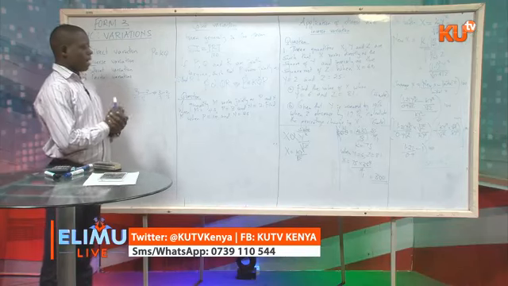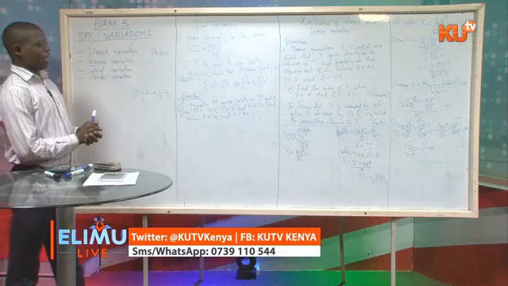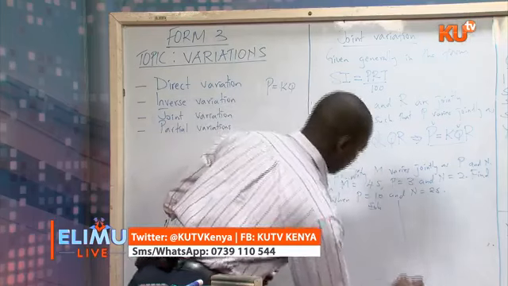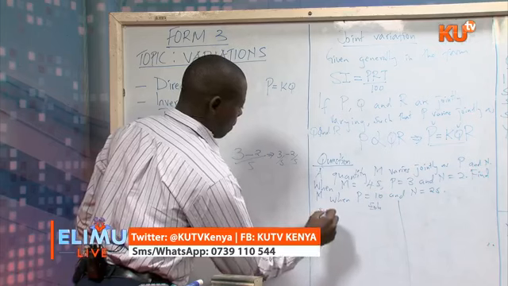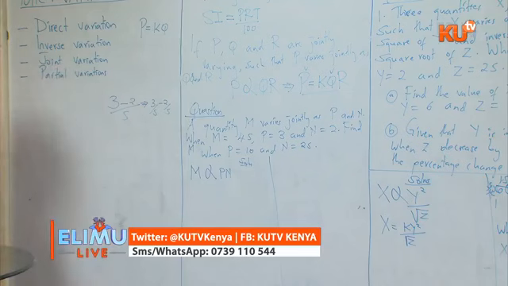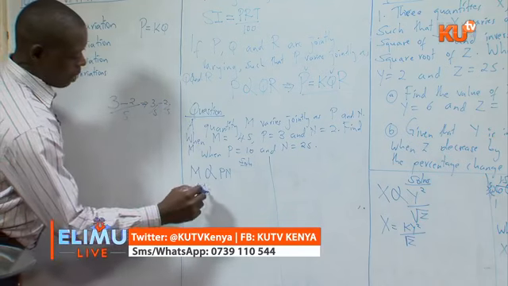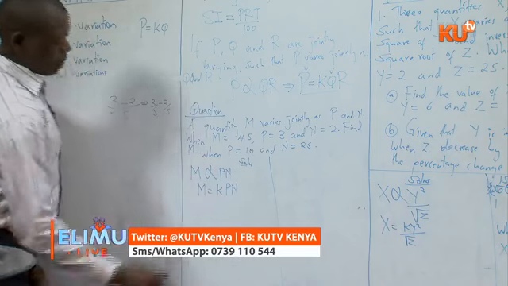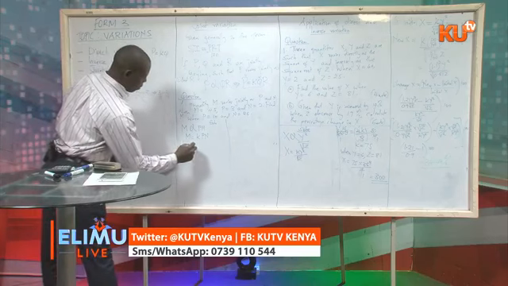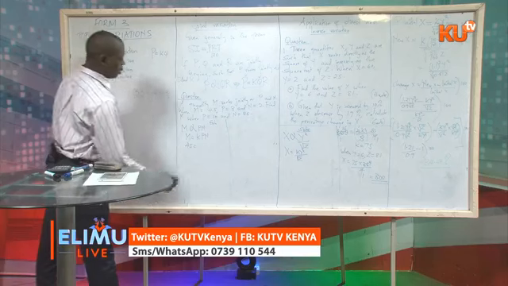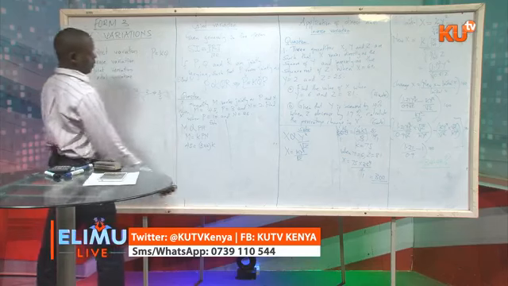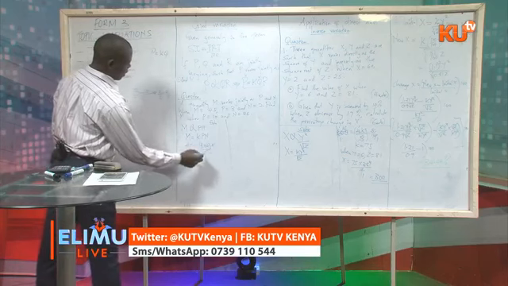So these quantities, M varies jointly as P and N. Work it out simply as follows: M varies jointly as P and N. Introduce the equal sign, M becomes K, P, N. And replace in the figures, M is 45 when P is 3 and N is 2. 45 equals K times 3 times 2, so it means we divide by 6.